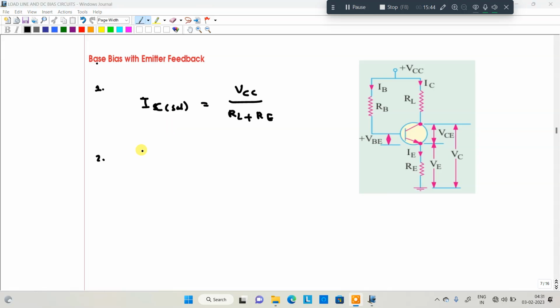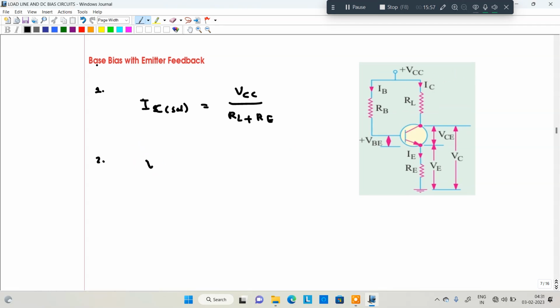Next, we go through VCC, through IB, through RE, and find the VCC value. Applying KVL throughout: VCC minus IB RB minus VBE minus IE RE is equal to 0.